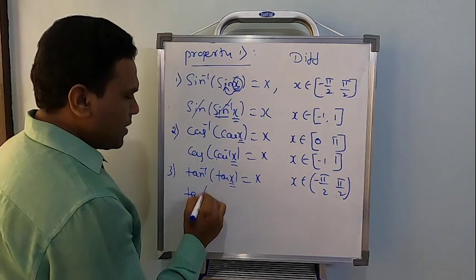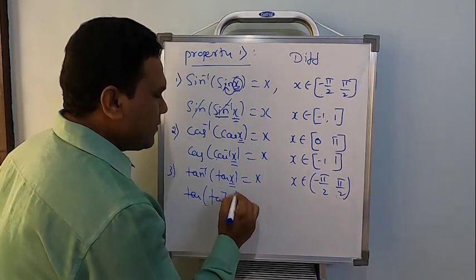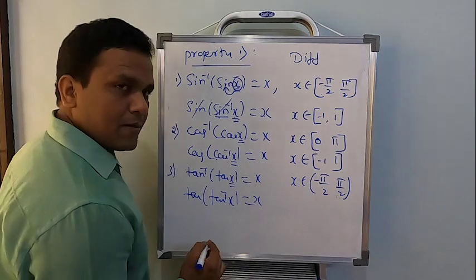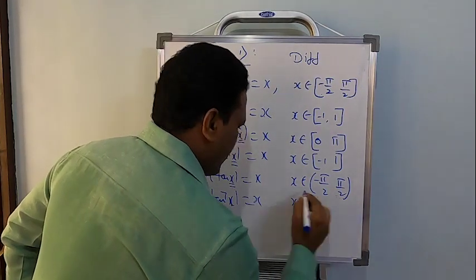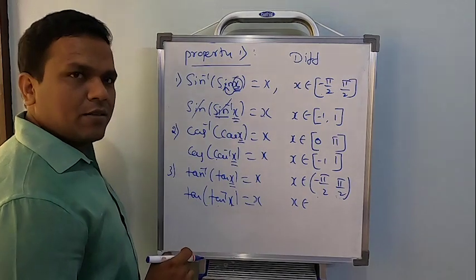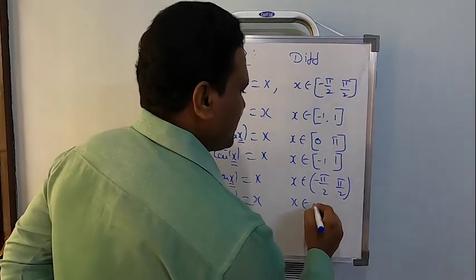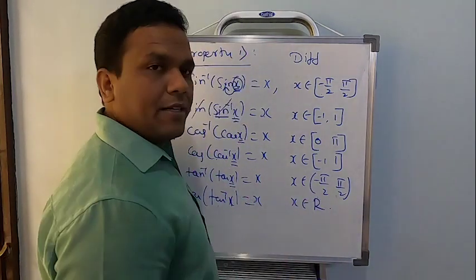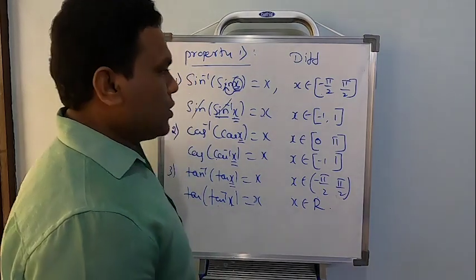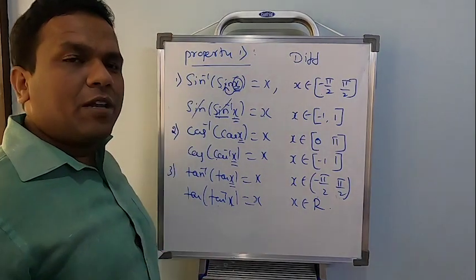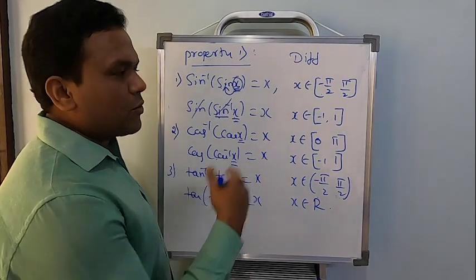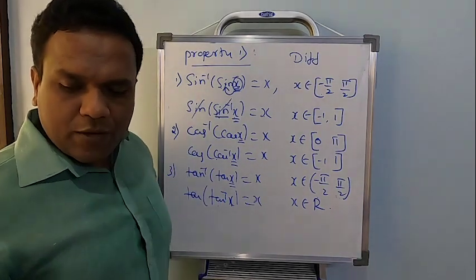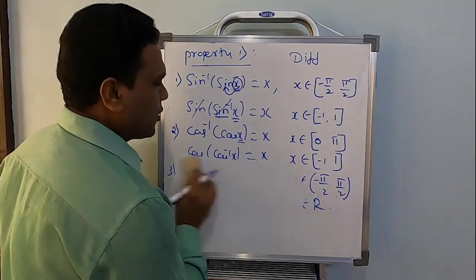Now the next, tan of tan inverse x is equal to x. x is present in inverse tan, so what will the domain of tan inverse be? All the real numbers, right? So the first property is purely based on the domain and the range. If you remember the previous table, you can do this. I will give you an example to solve such kind of problem.